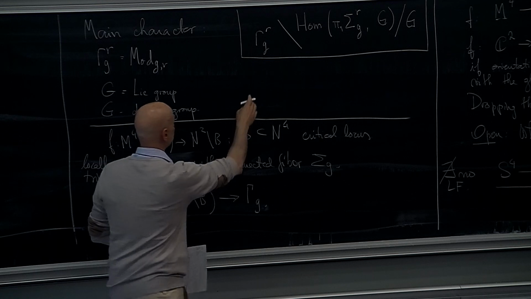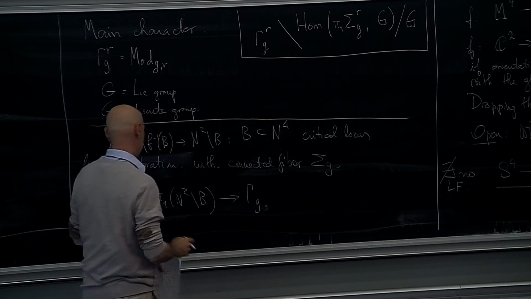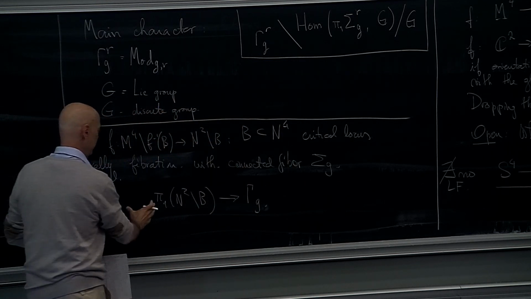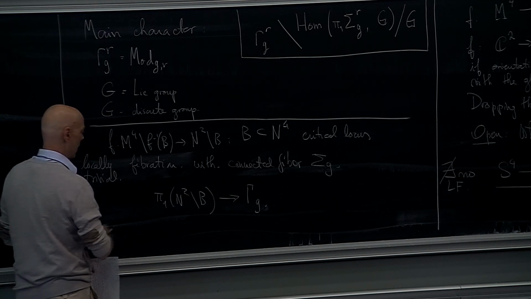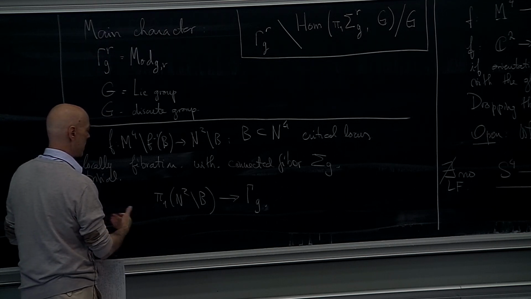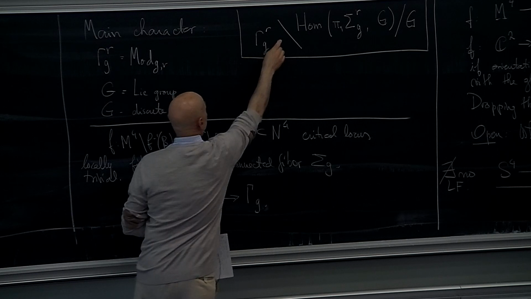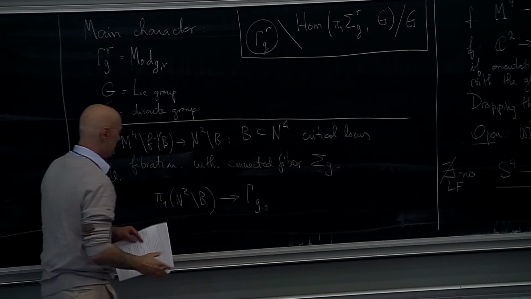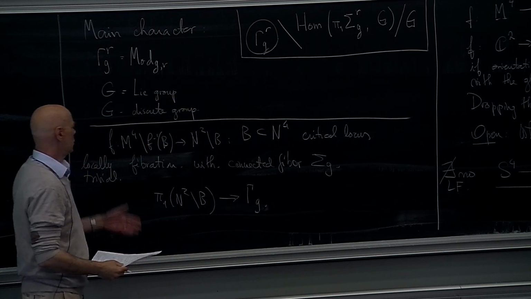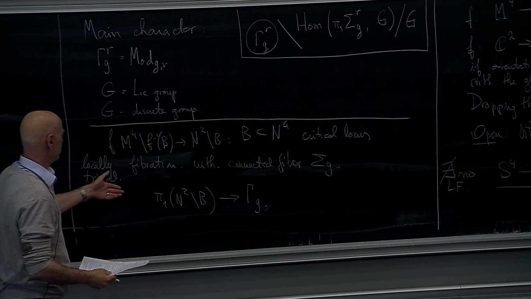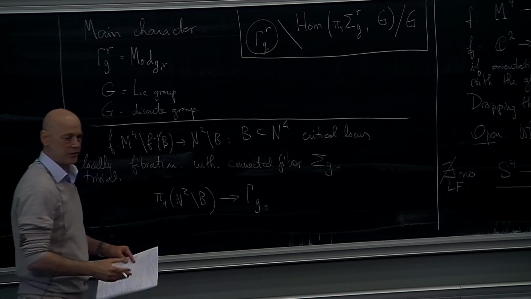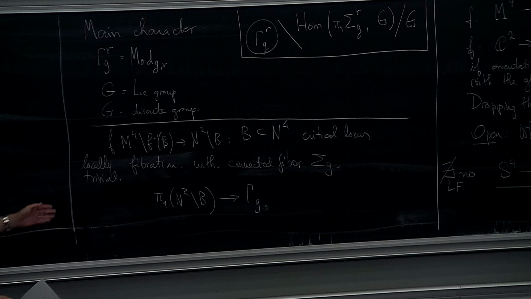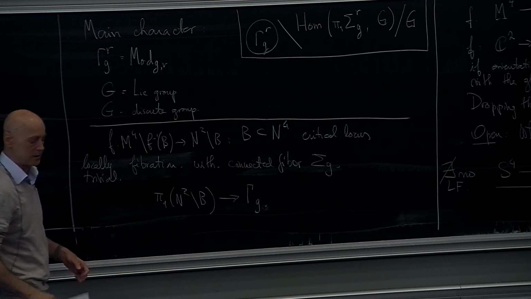So we provide an element here. And in many cases, one has to take the action of the group on the left to see when two such locally trivial fibrations are the same.